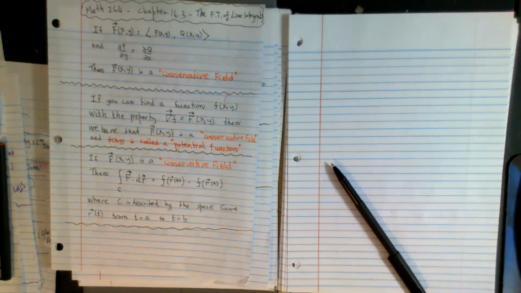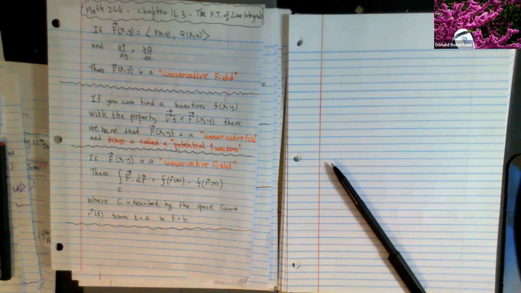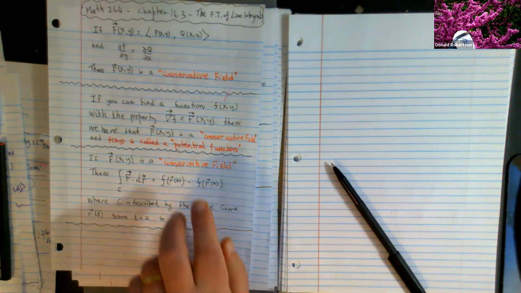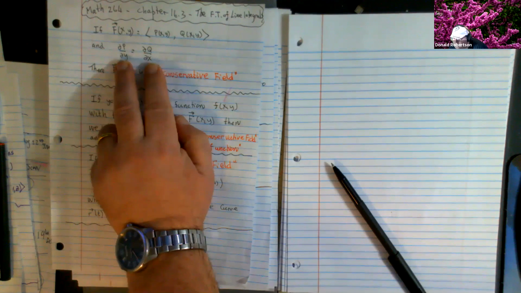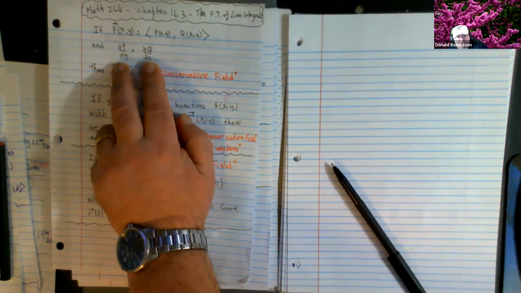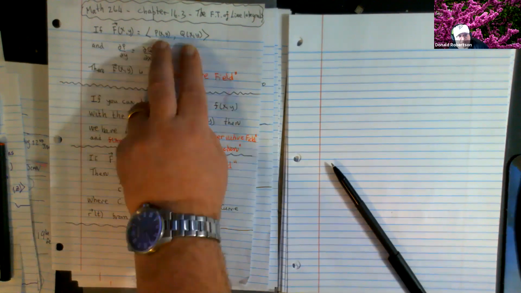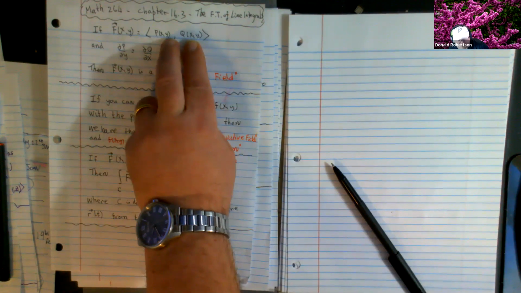I like it. Yes. How do we know that that field is conservative? We don't. We have to assume that it is. And you might say, is there a test? There's a test for a two-dimensional field. This is how you check if a two-dimensional vector field is conservative.